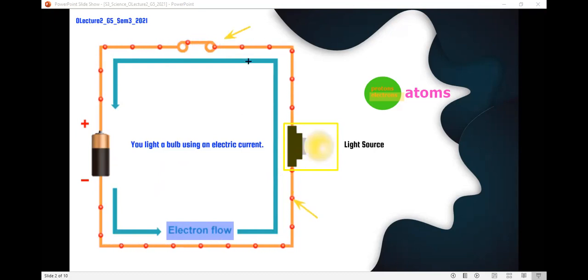When we close the switch, we create a loop for the electrons to walk. And when the electrons move from place to place, they create electricity, which is an energy that can, for example, light up a bulb, turn on a computer, turn on an iPad, turn on a microwave, and so on.